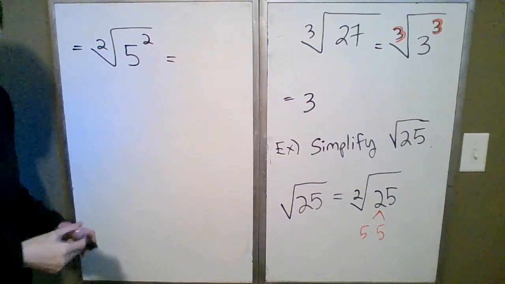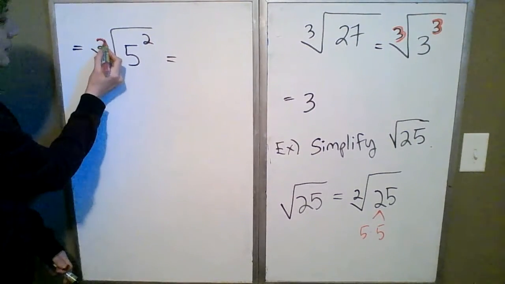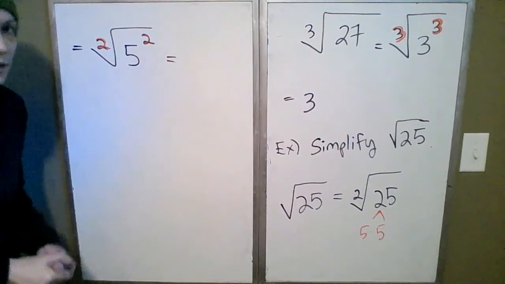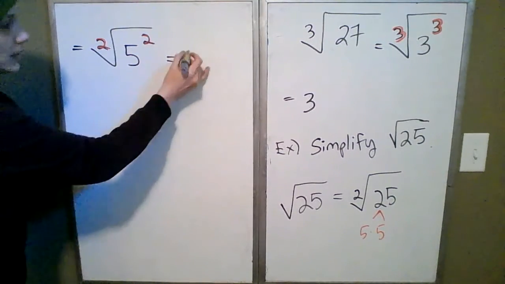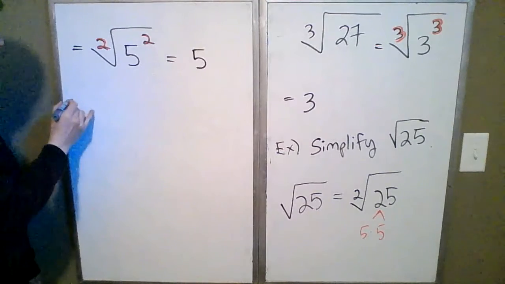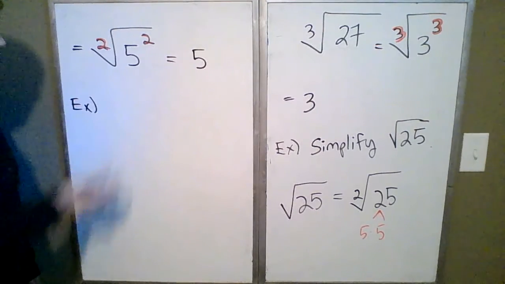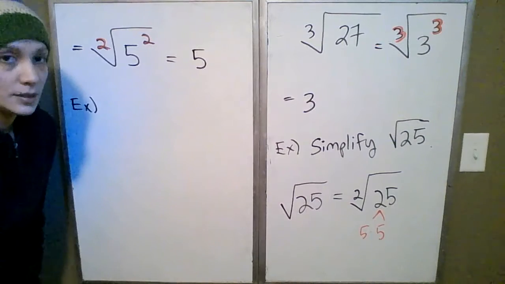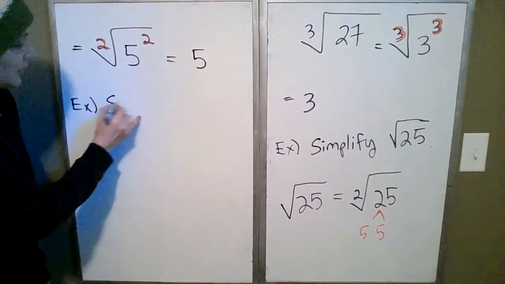Once I've got that root and exponent matching, I can bring the 5 out from underneath the radical sign. Let's do one more. Simplify.